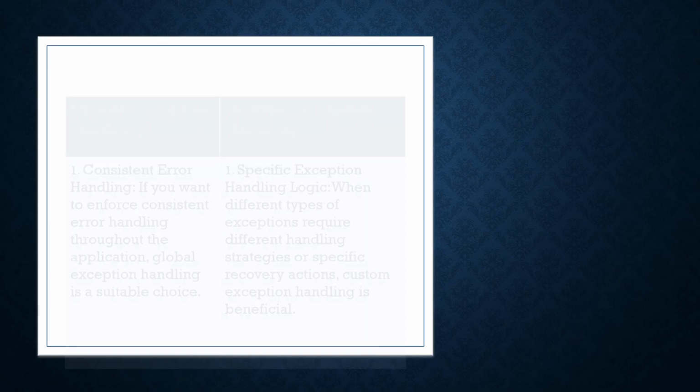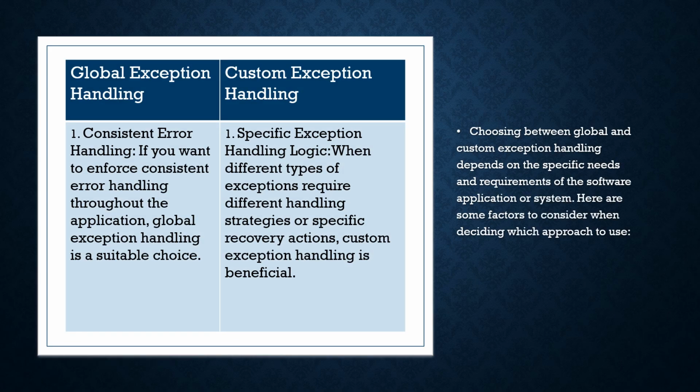So now let's understand this with some scenarios. Choosing between global and custom exception handling depends on the specific needs and requirements of our application. So we can consider some of the factors while deciding which approach to use. For global exception handling, point number one is consistent error handling.